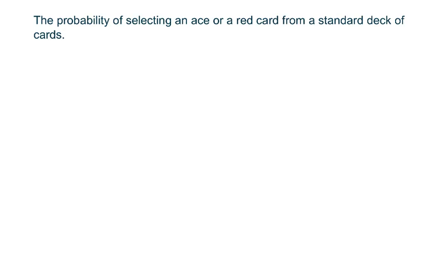All right, next one. The probability of selecting an ace or a red card from a standard deck of cards. So the probability of selecting an ace is 4 over 52, or means plus, a red card, which is 26 over 52. Now what happens is there are two cards that are red and also aces, so we basically counted them twice, like in the previous problem.